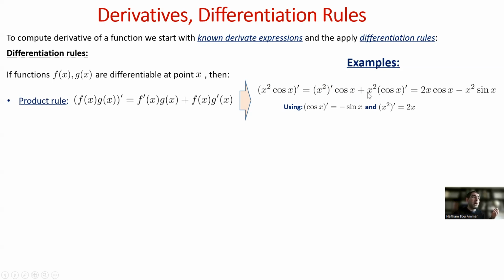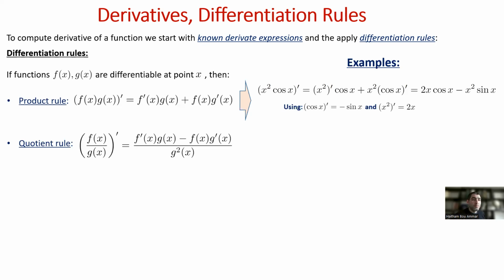Then, coming back to our table values, the derivative of cosine x is minus sine of x, and the derivative of x squared is 2x. We eventually arrive at the result for the derivative of the product: 2x cosine x minus x squared sine x. And this is how, using this table of known derivatives, we can compute the derivative of a more sophisticated function which is formed as a product of these simpler functions.